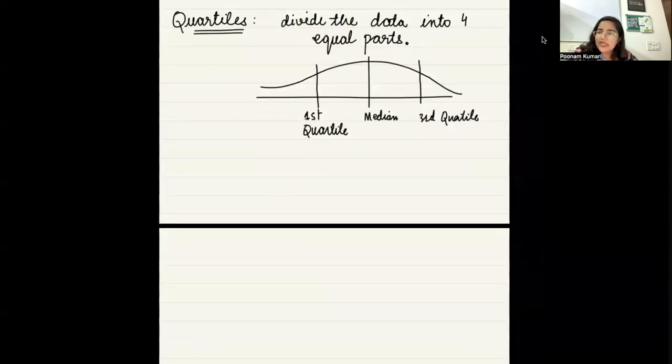There is something called percentiles also. Have you heard of the term percentile? Yes, ma'am. So what is a percentile? Have you heard of the term that I got 99 percentile in the CUET exam?